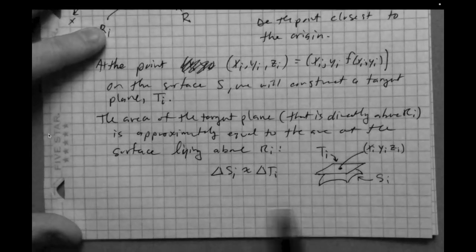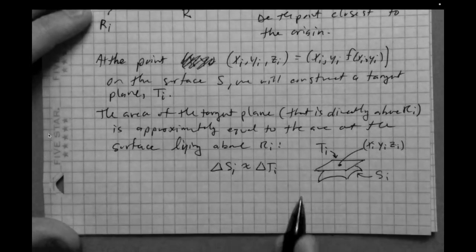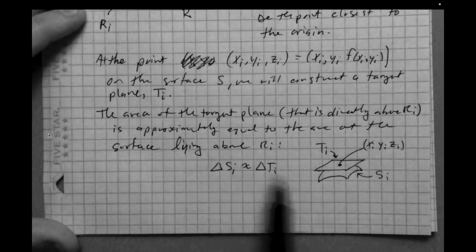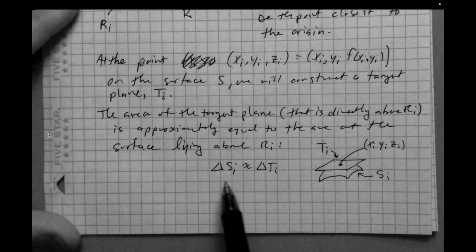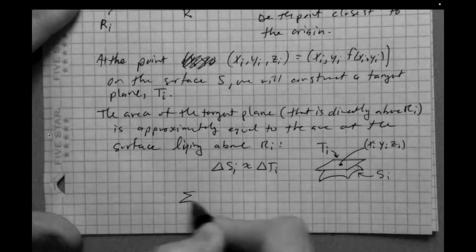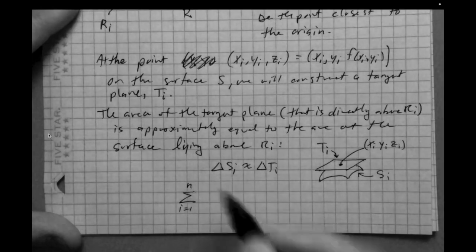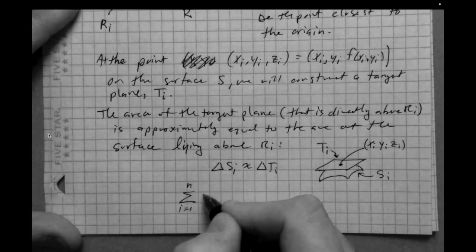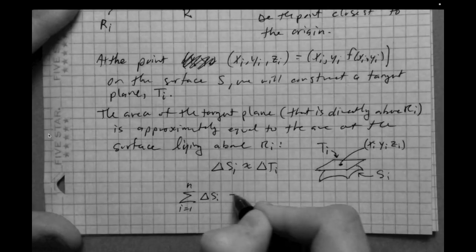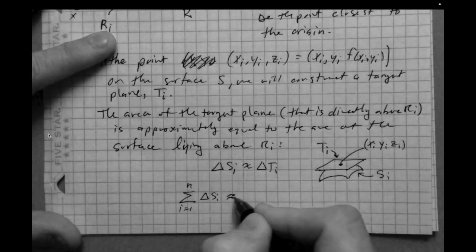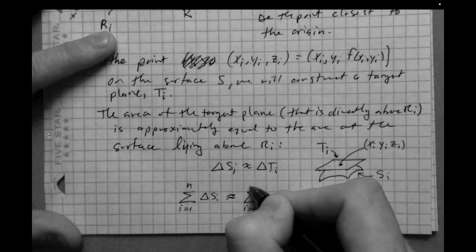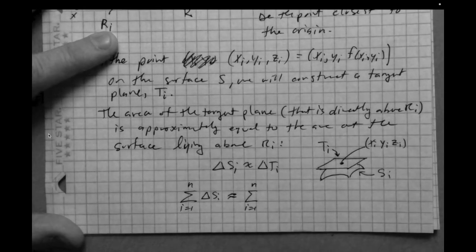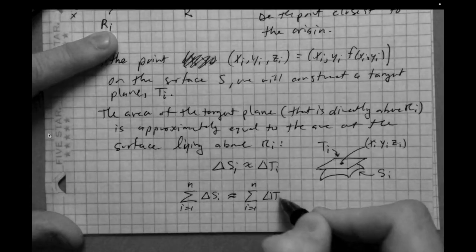And so this sets up the idea that, since the choice of xi, yi is totally arbitrary, the sum from i equals 1 up to n, there's going to be n Si's, should be approximately the same as the sum from i equals 1 to n of delta Ti.